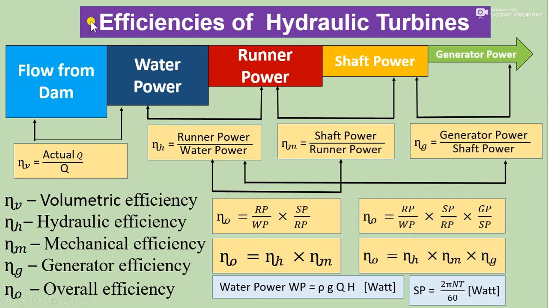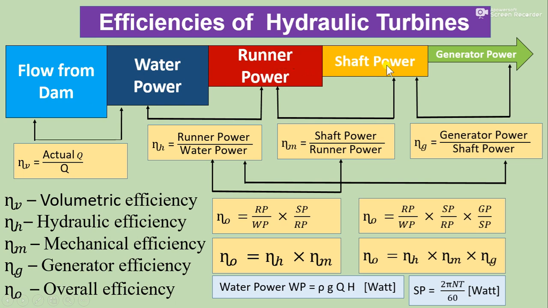Now we will see different types of efficiencies of hydraulic turbines. As we know, a source of energy to the turbine is flow of water from the dam, which is giving water power to the runner. So at the runner we get runner power, which is mounted on a shaft.